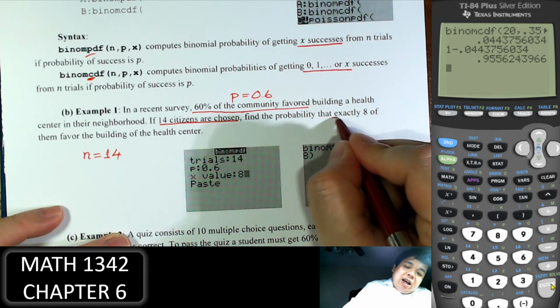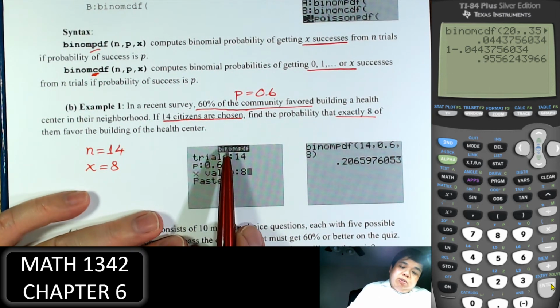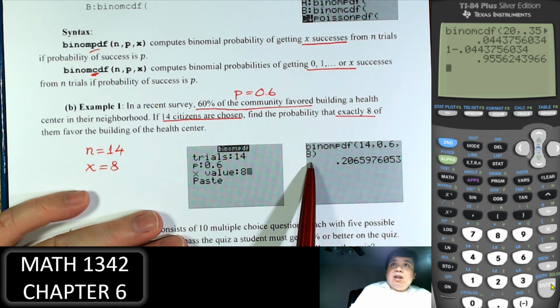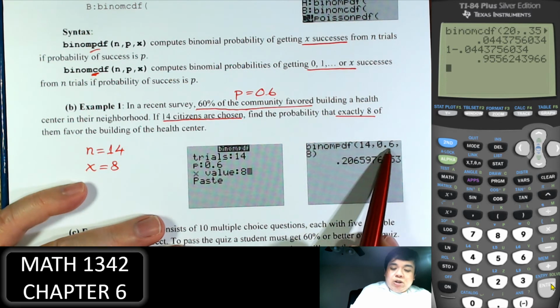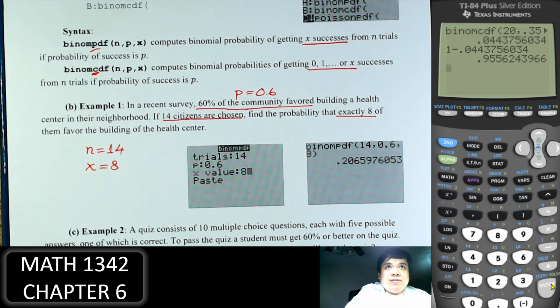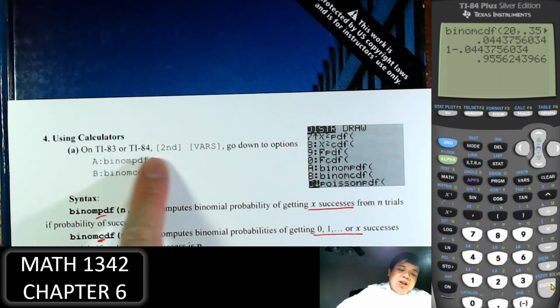And exactly 8, so x is equal to 8. So we go to binomial PDF, and we put 14, 0.6 for probability, and 8. That's what we have. Right? Of course, the key sequence is going to be that.